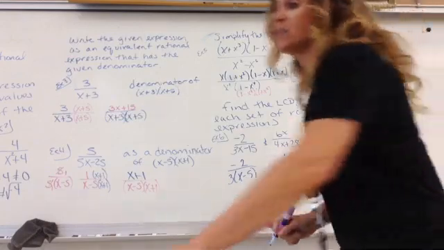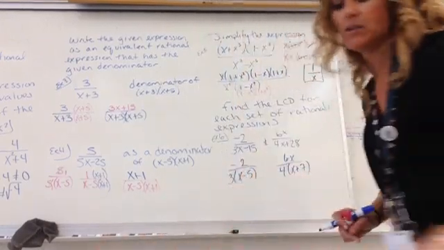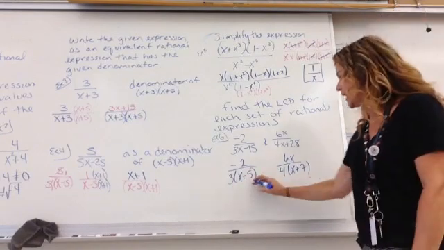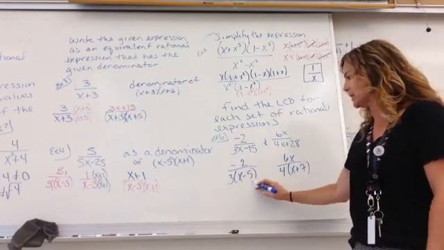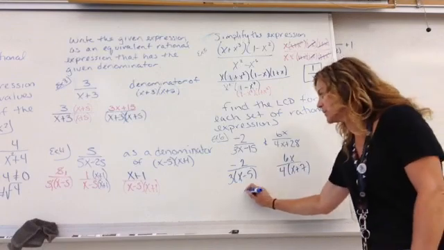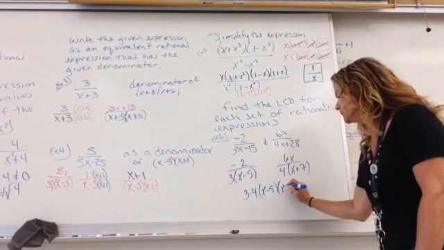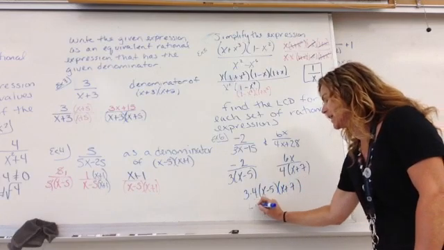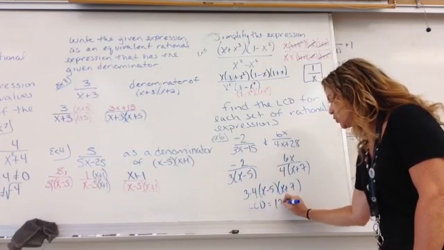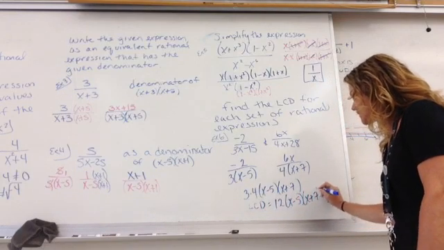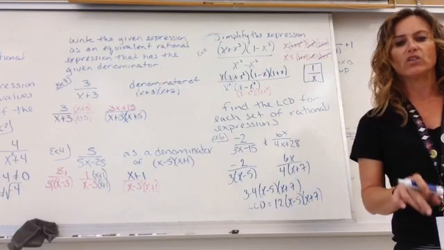So I want to look at this and find the LCD. I need one of everything. I need a 3, I need a 4, I need an x minus 5 and x plus 7. So my LCD is 12 times x minus 5 times x plus 7. I need one of each term.